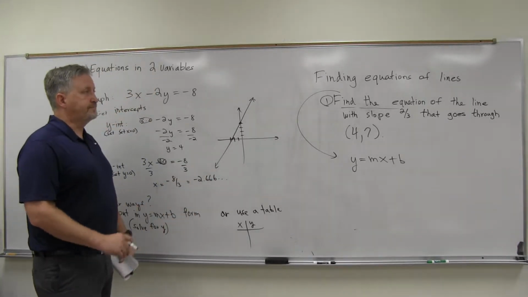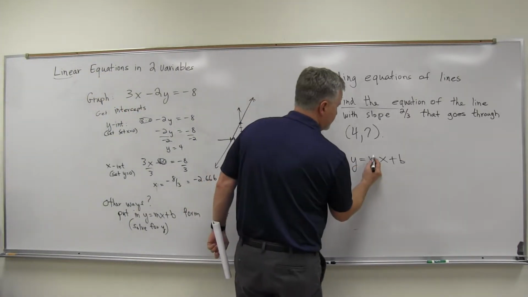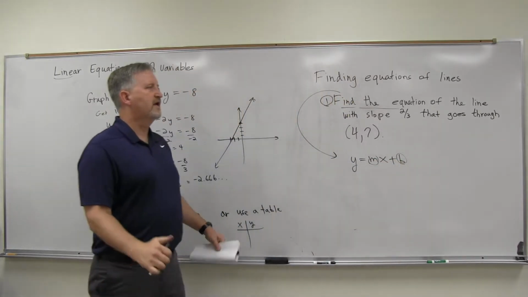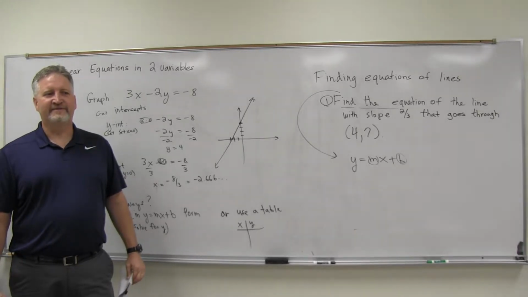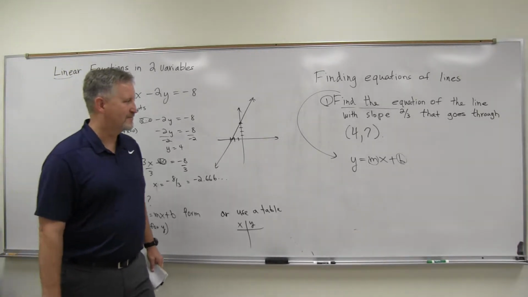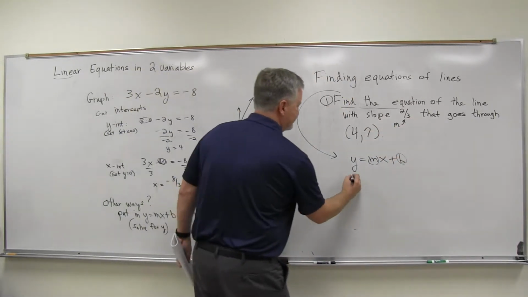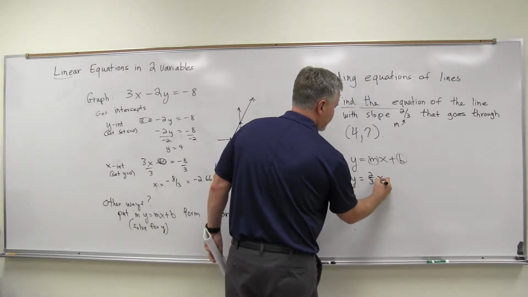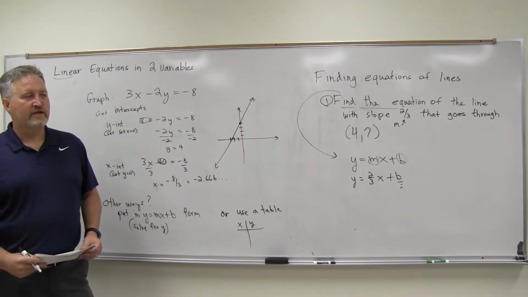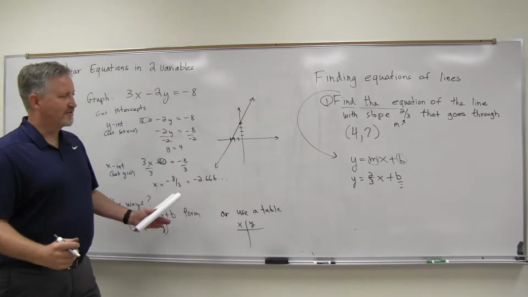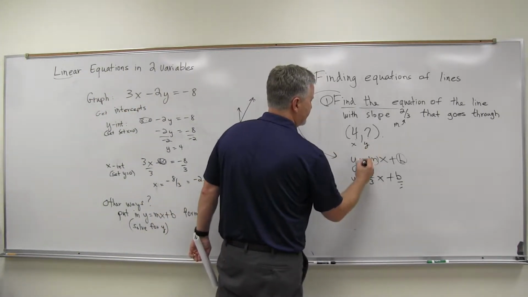So that's where I start. To finish off this equation, I need to know two things. I need to know the m and the b. Fortunately, I have one of those provided, the other one not so much. Which one do I have provided? Yeah, I got the m. The m is the slope, so I can plug that in right up front. Now it's just a matter of finding the b. Good news about finding b here is I just so happen to have an x comma y, don't I?